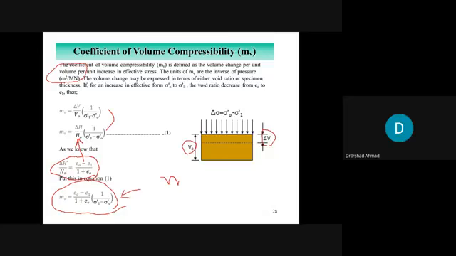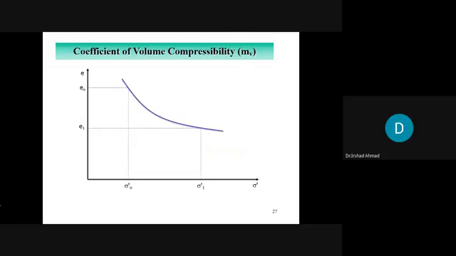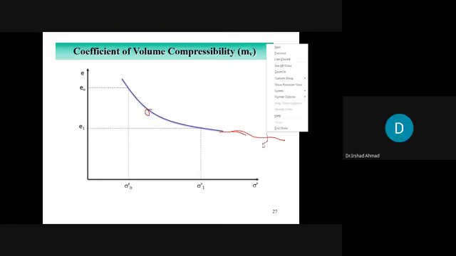One thing important to note is that MV is not constant. Rather, it depends upon the stress range. Because the curve is non-linear, if you select 2 points here, 1 point for example here, and 1 point here, you will have different stresses, different values of MV.